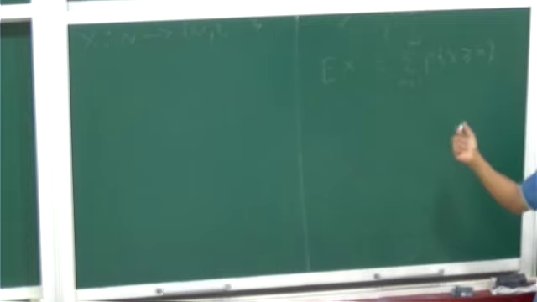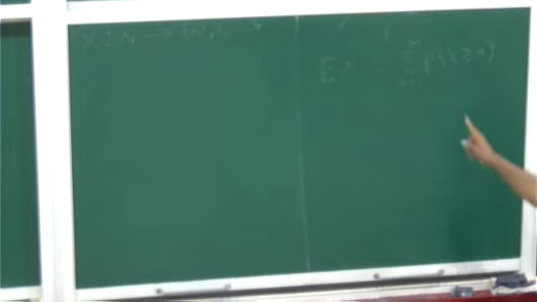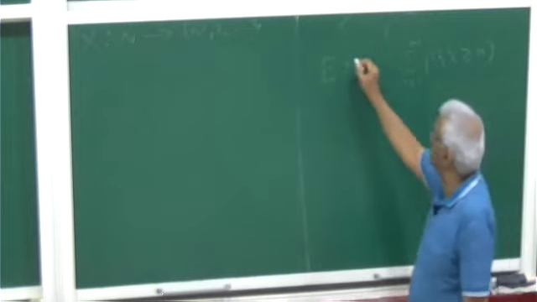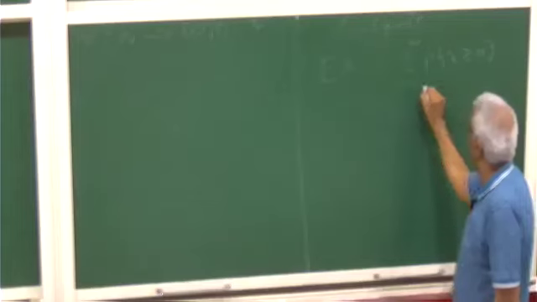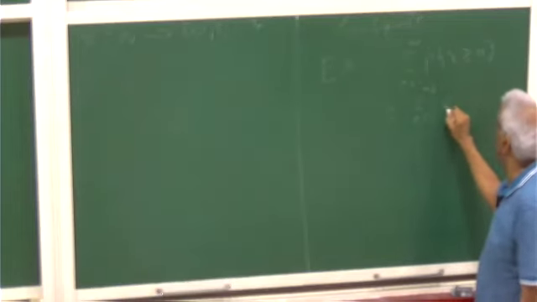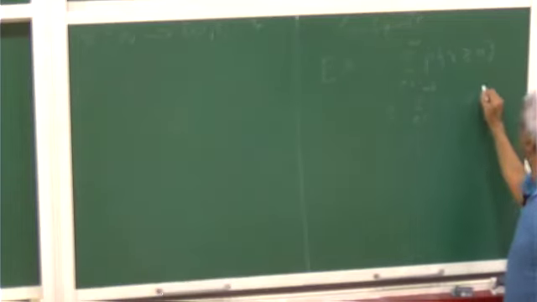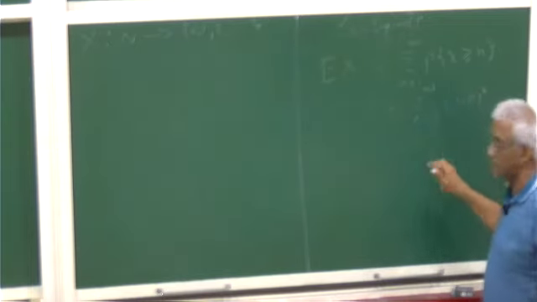For example, we computed the mean of the geometric distribution by doing some calculation, by differentiating the power series and all that. But we can directly do that. If X is geometric with some p, then P of X greater than or equal to n is (1 minus p) power n, and the sum from n equal to 1 follows immediately.